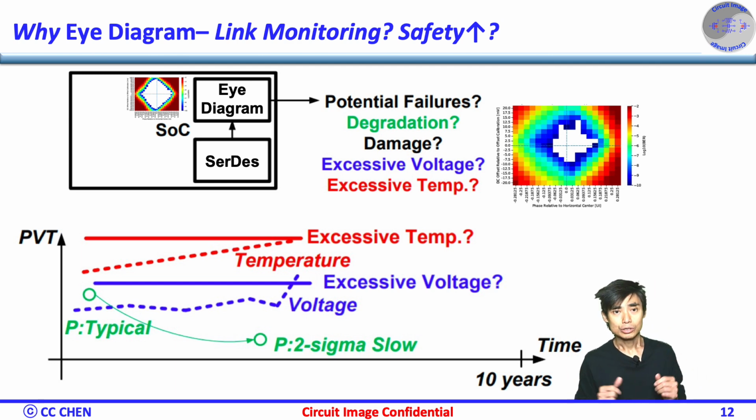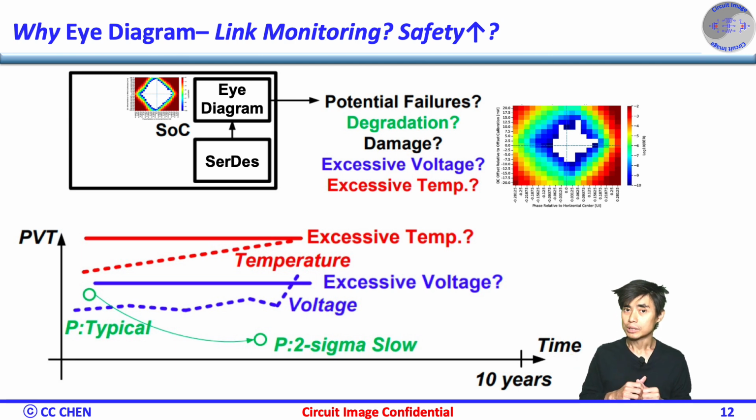Furthermore, the on-chip eye diagram provides accurate and reliable information about the SerDes operation conditions to detect potential failures or performance degradation, because of system glitches, either in the circuit itself, or environmental temperature or voltage variations that can result in thermal voltage stress and then chip damage.